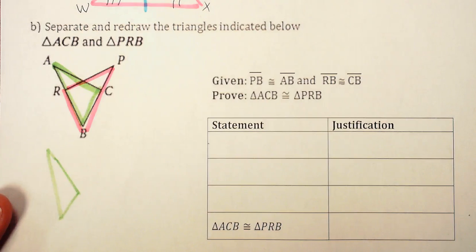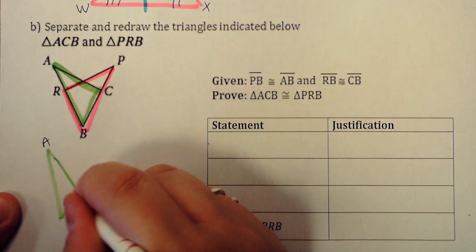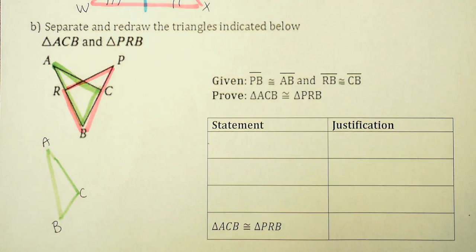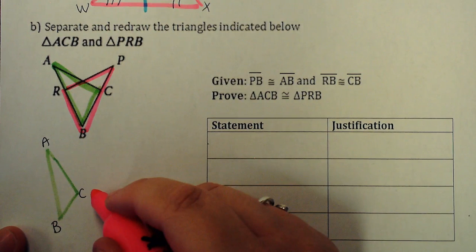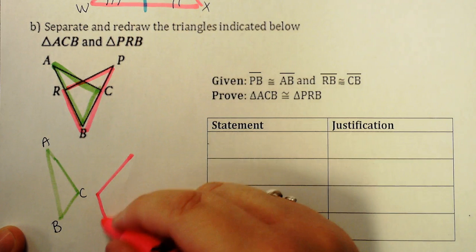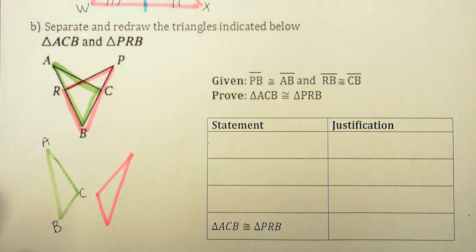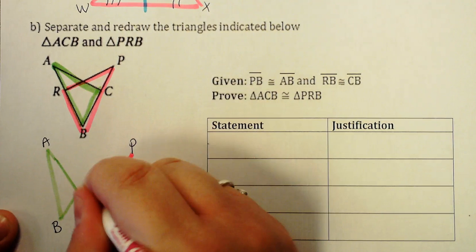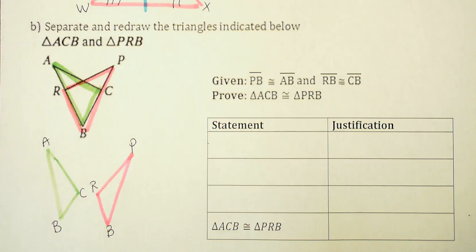So that one is my ACB, and I'm just going to try to keep the color I used consistent here. And I'm not doing the greatest job, but this would be the P, the R, and the B.